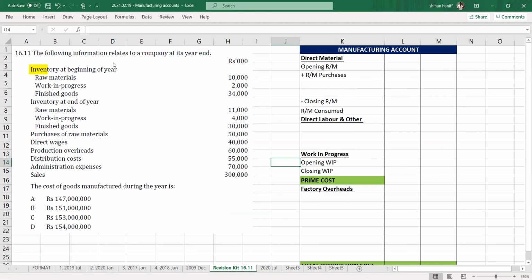The following information relates to a company at its year end. Inventory at the beginning of the year: raw material, work in progress, finished goods. Inventory at the end of the year: raw material, work in progress, finished goods.